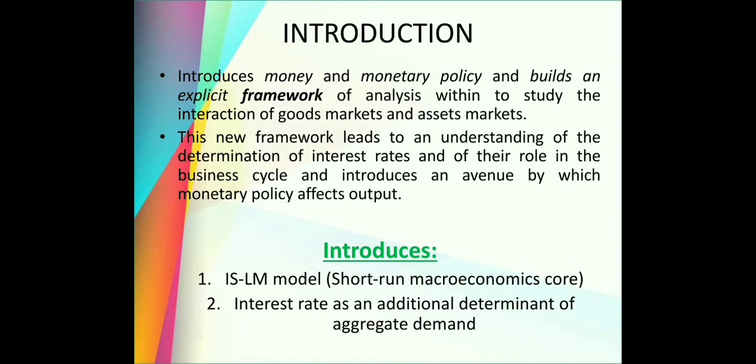In this chapter, the highlight is the interest rate as an additional determinant of aggregate demand, and a new model, the ISLM model, also known as the short-run macroeconomic score.